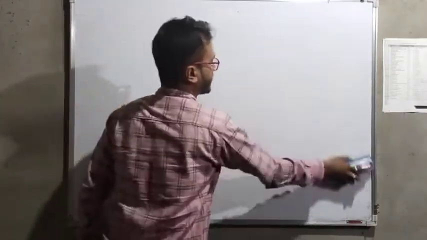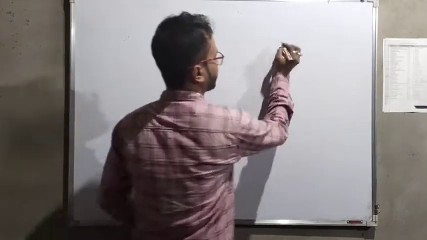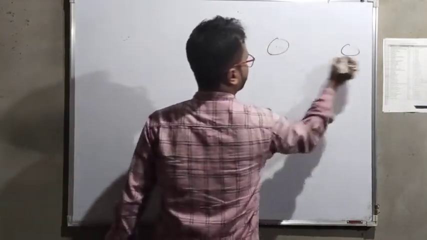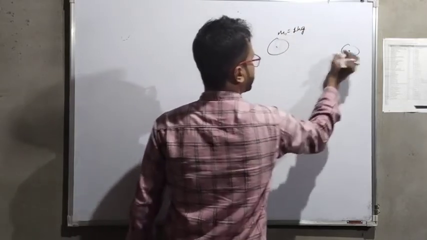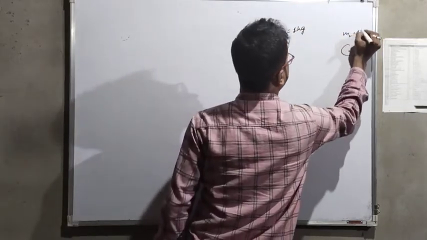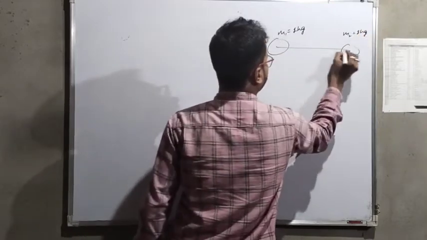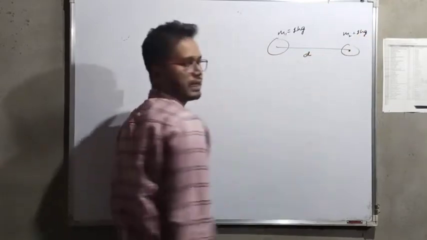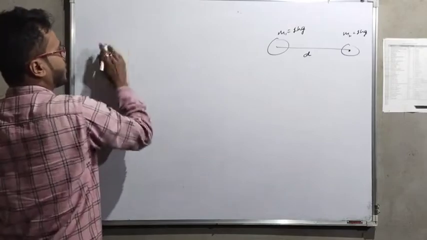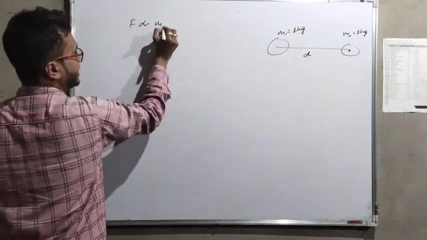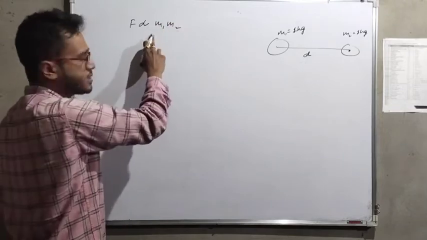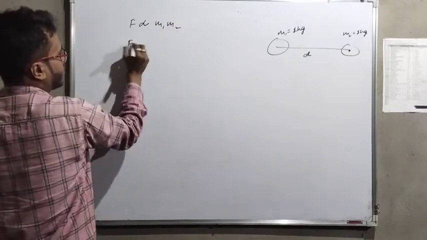Let us take an example. Say mass m1 is 1 kg and mass m2 is 1 kg, and this is the separation, say D. The force between these two masses is directly proportional to the masses. So what will be the force?